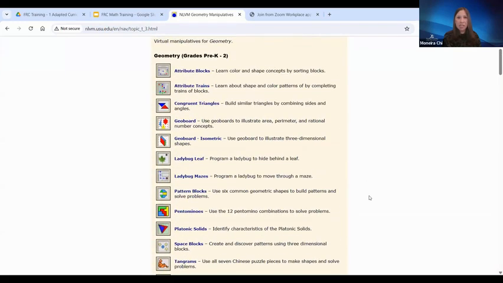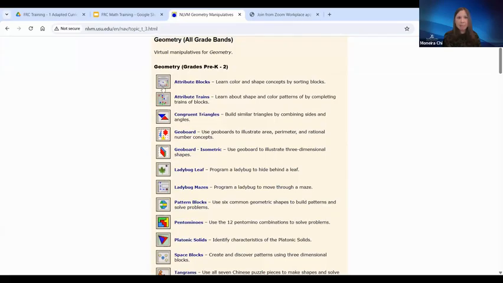If I'm teaching my child different attributes, it might take a minute, but it should pull up an activity that you can do with your child to help them sort objects by different attributes. So here, for example, it says all the blocks inside have the same shape, color, or size.